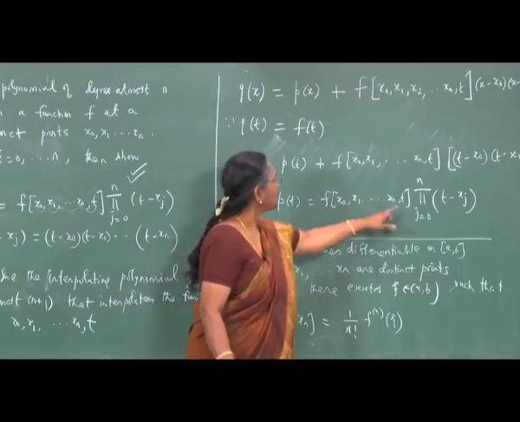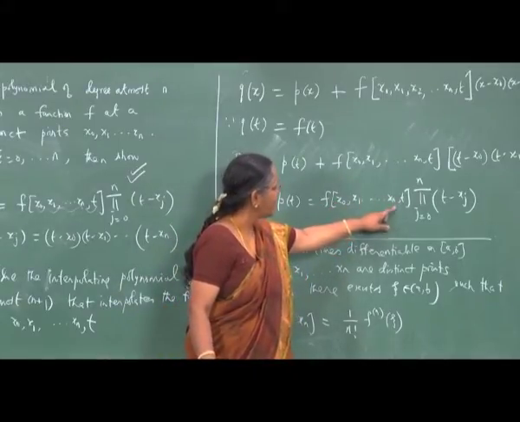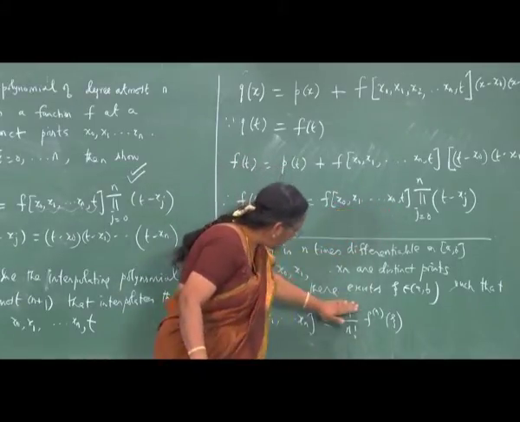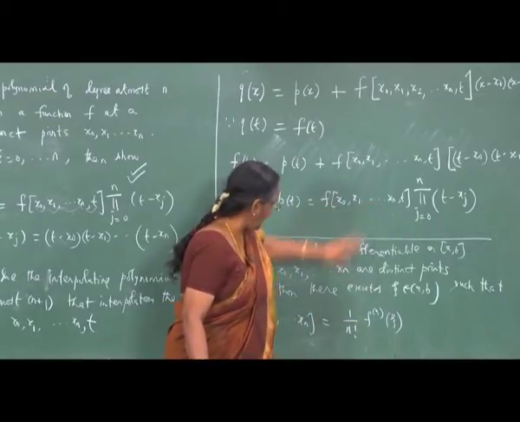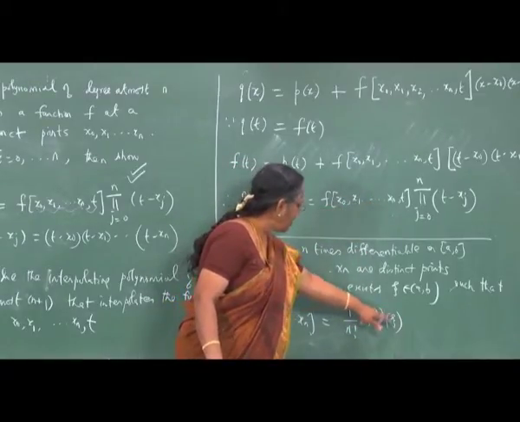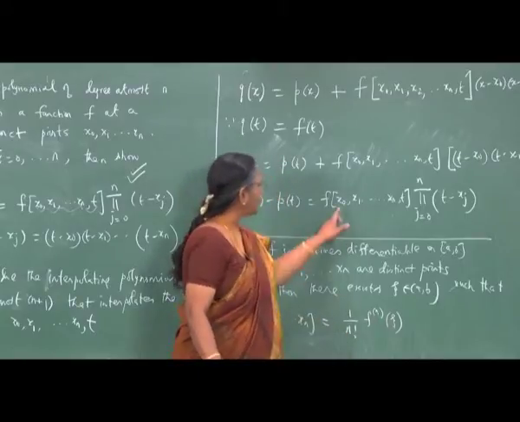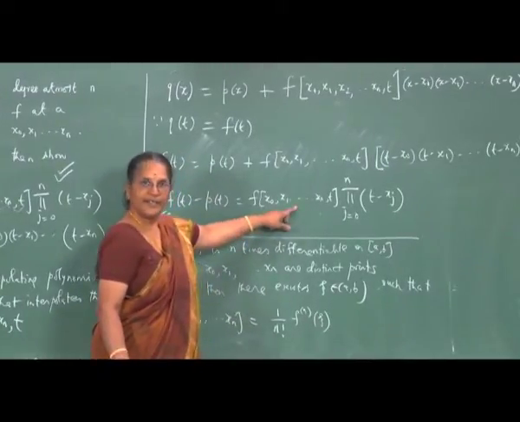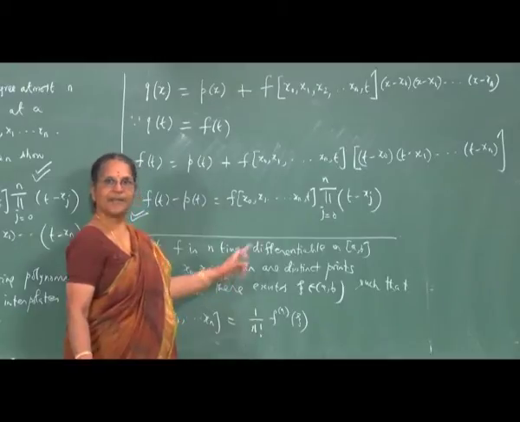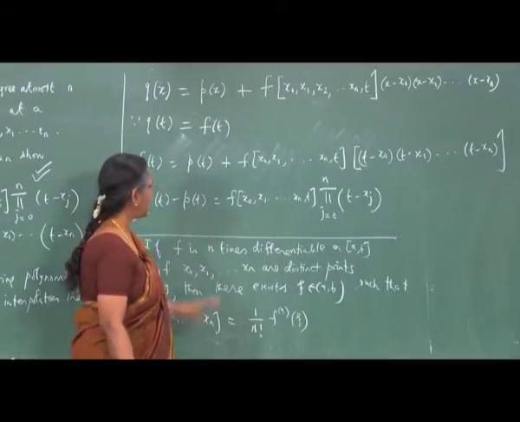So, I have an n plus 1th order divided difference here. If I prove this problem, then I can express this as the n plus 1th order derivative of f at psi by n plus 1 factorial, provided f is n plus 1 times differentiable in that interval.